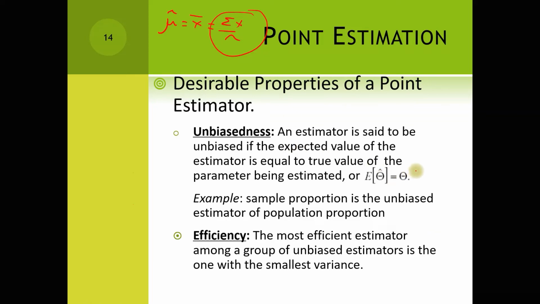We need to show that the average of our point estimator here is equal to the true value. So the expected value of mu cap, in our case, we need to show that it is equal to mu. If you really want to know if it is unbiased, we need to show that the expected value of mu cap is equal to mu. Let's try to do that mathematically and see what we get.